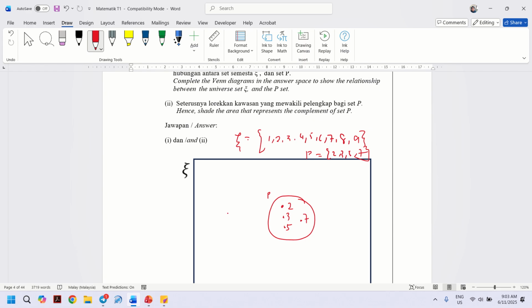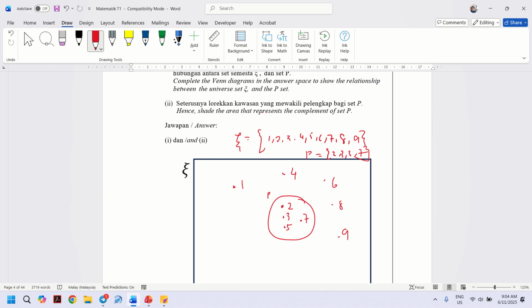You put them outside P. Even though the universal set has 2, it is in set P, so you don't need to write it again. You write 1, 4, 6, 8, and 9. These are the elements outside P but still in the universal set.